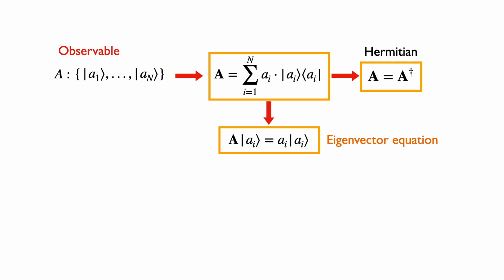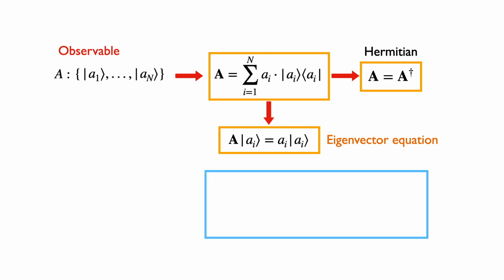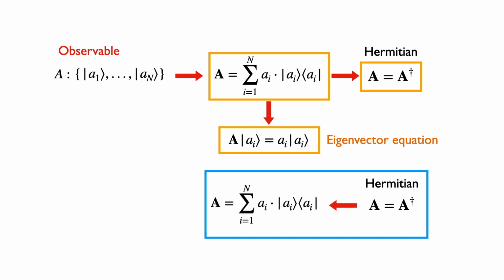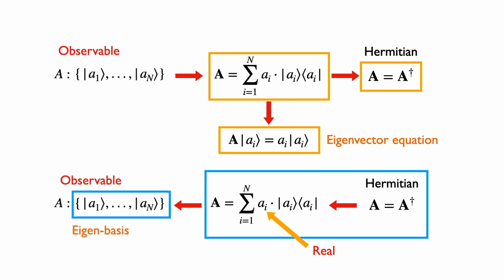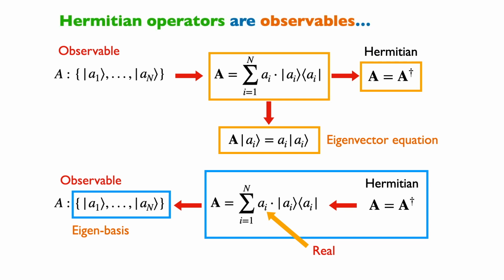We now wish to prove the converse. That is, if an operator is Hermitian, this implies its complete set of eigenvectors form a basis, and can be written in this form. With real eigenvalues Ai's, the eigenbasis thus obtained can then represent a physical observable. Thus Hermitian operators are observables.